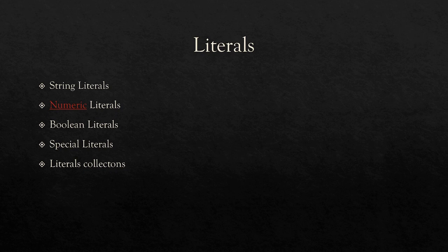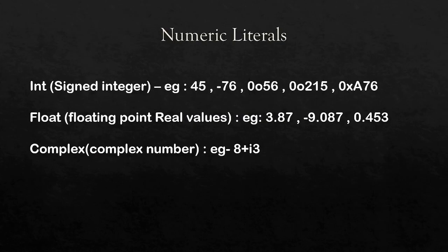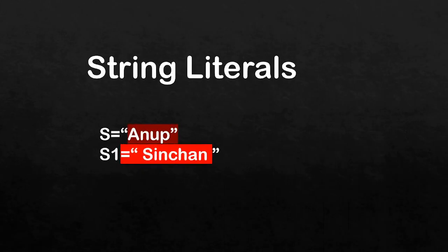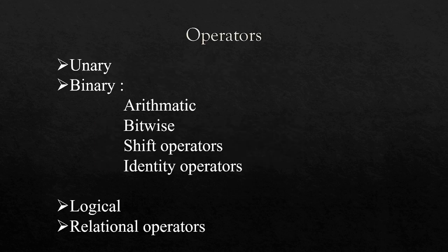Next, coming to identifiers, we can say identifiers are names as well. Now what are identifiers? If I am using any kind of variable in Python, that could be an identifier.